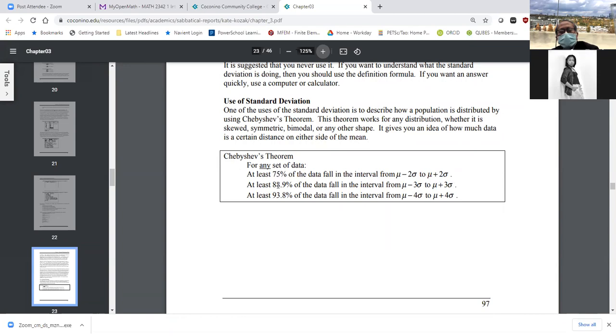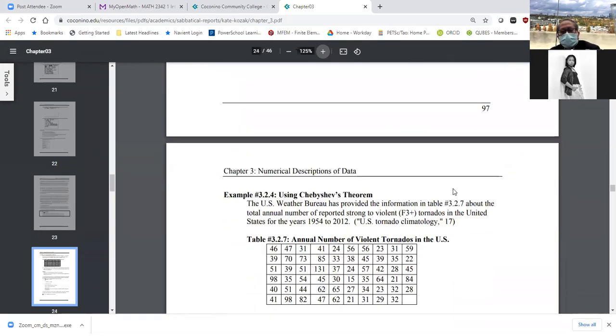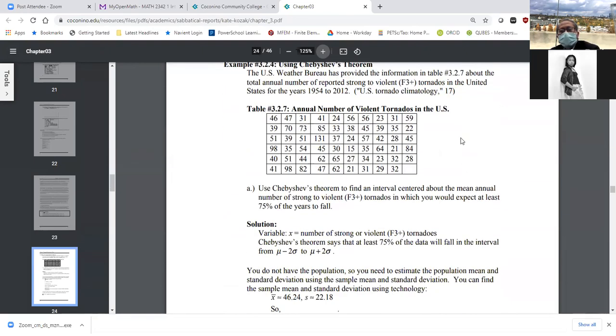And then at least 88.9% of the data fall in the interval from mu minus 3 sigma on the left side to mu plus 3 sigma on the right side. Okay. And 93.75% of the data fall in the interval from mu minus 4 sigma to mu plus 4 sigma. Okay. So this is an example of how to use the Chebyshev theorem.